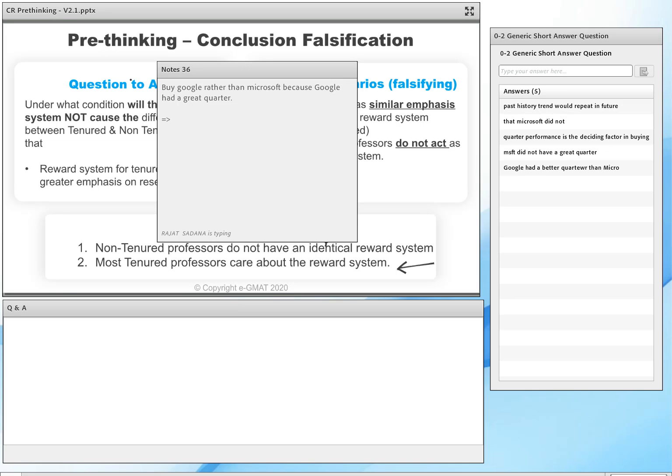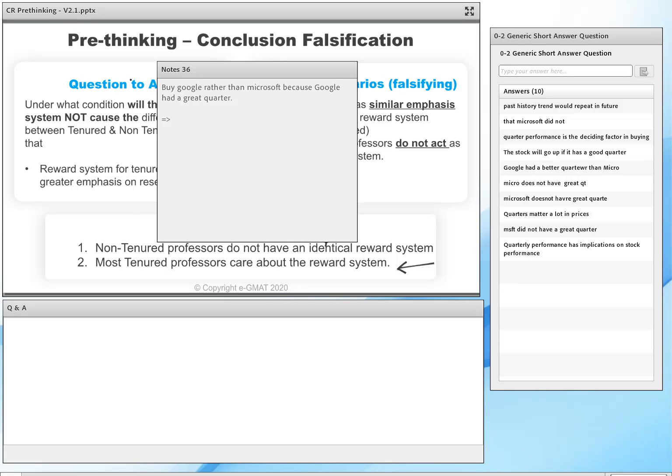That's the same logic here. Exactly the same logic. Tenured faculty does worse because the reward system does not place a greater emphasis on teaching, so non-tenured faculty does not have the same reward system. It's exactly the same piece.